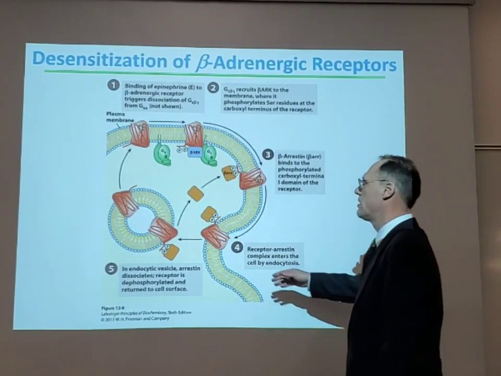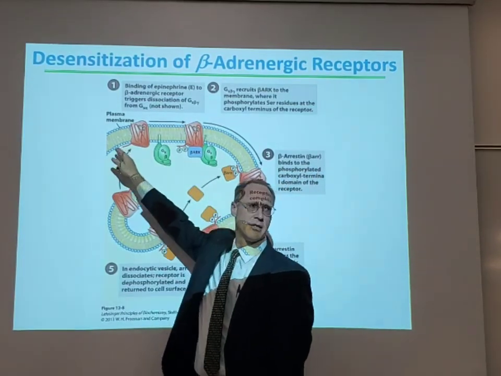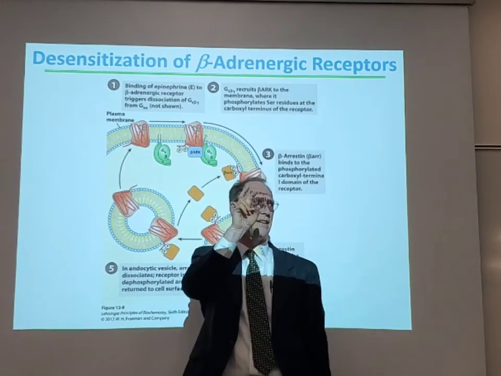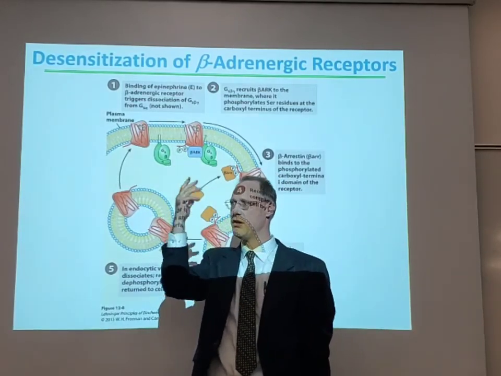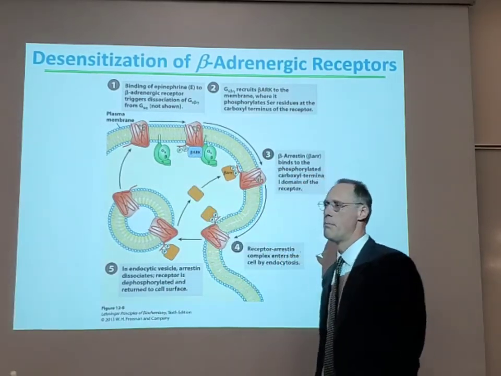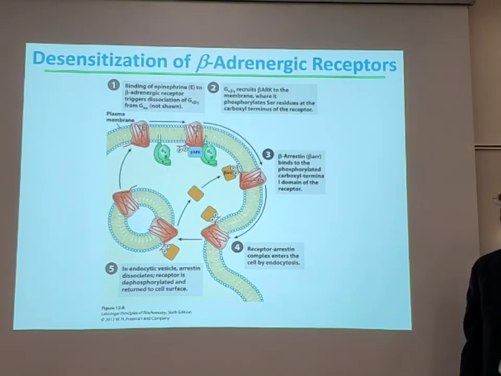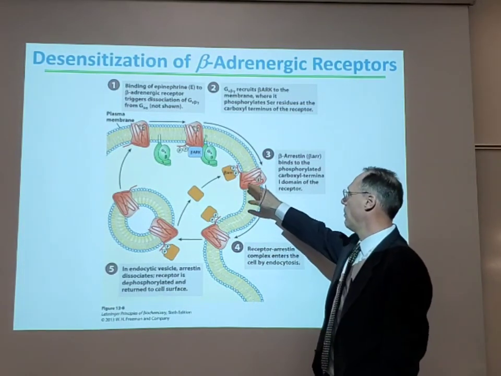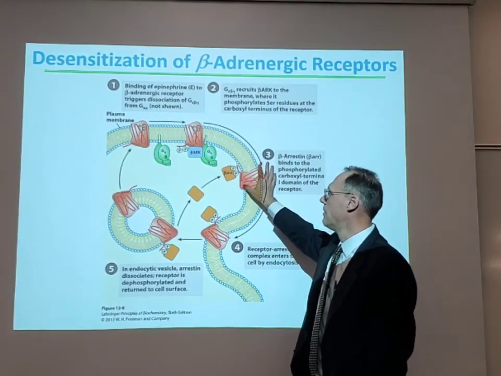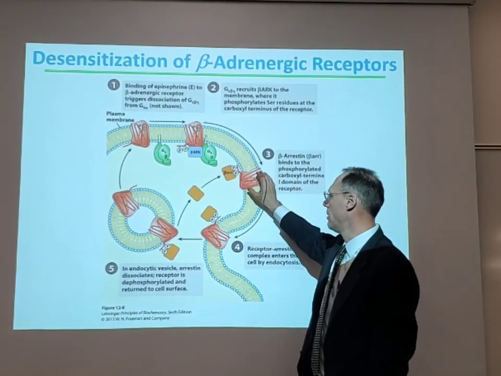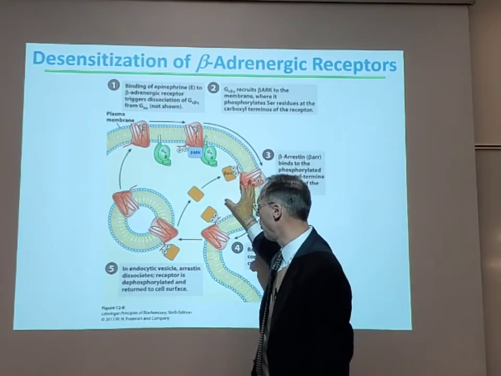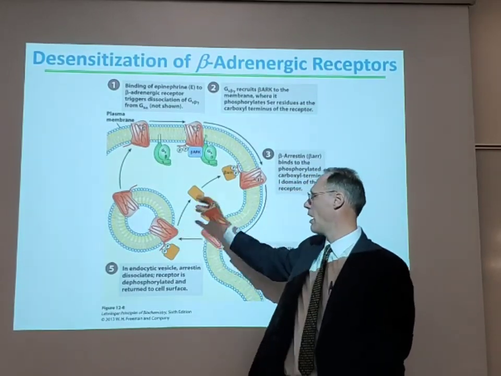So what's going on is I've got this awesome tyrosine. I'm going to phosphorylate it as part of desensitization that I talked about before, too much light. I'm going to come around and phosphorylate this, which will actually recruit BARK, which is a beta adrenergic receptor kinase. And when I've adequately phosphorylated this beta adrenergic receptor, it will recruit the BAR, which will actually pull this guy off the membrane.